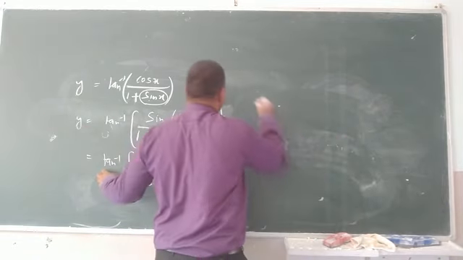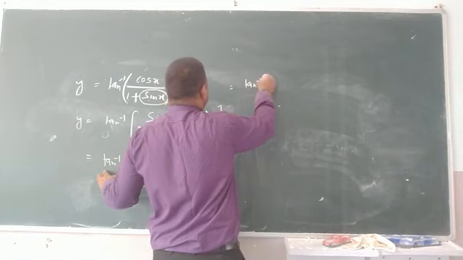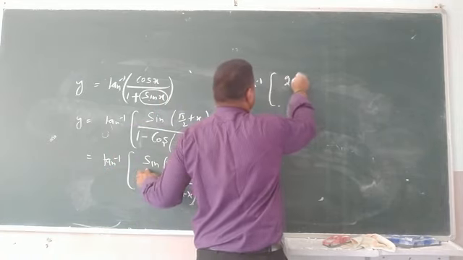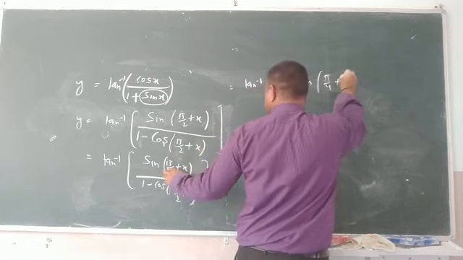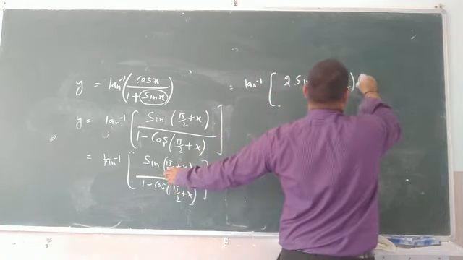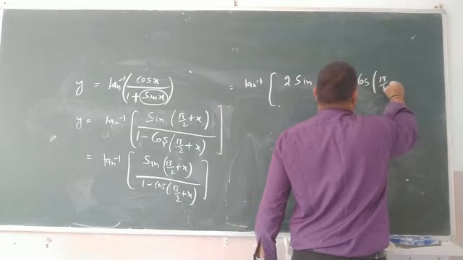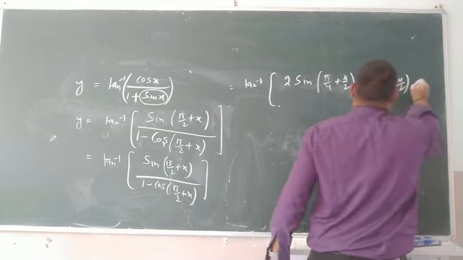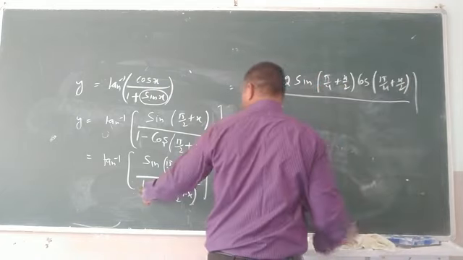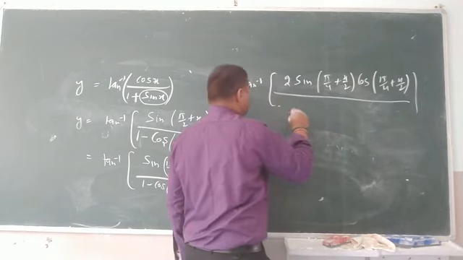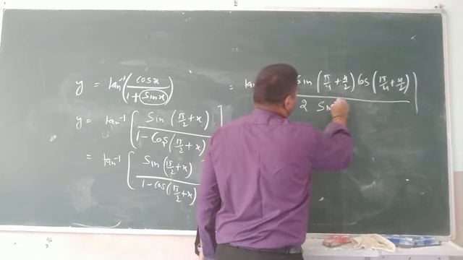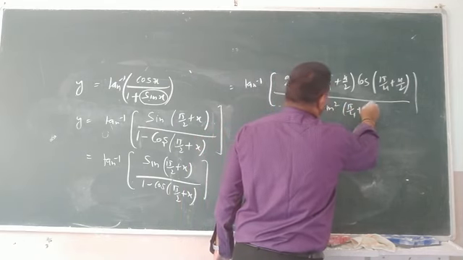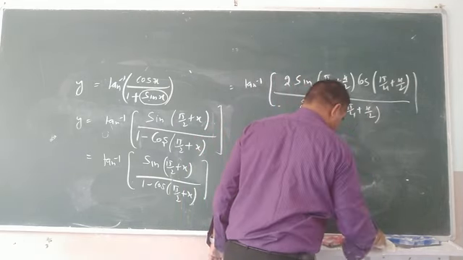Apply the formula of sin 2x here. Tan inverse of 2 sin half of the angle, pi by 4 plus x by 2, cos pi by 4 plus x by 2, divided by 1 minus cos pi by 2 plus x, which is 2 sin square of pi by 4 plus x by 2.